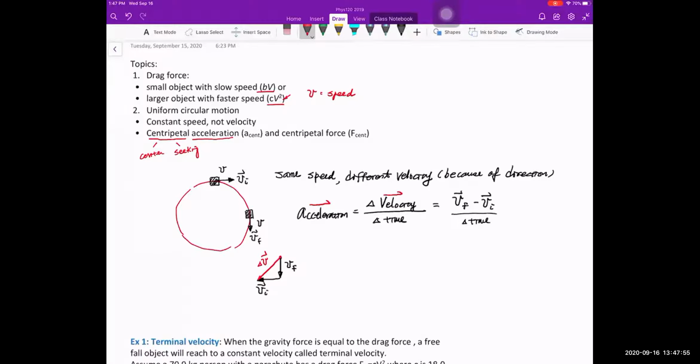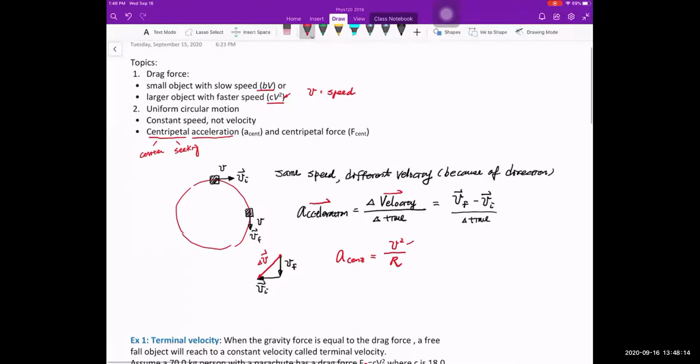The magnitude of the acceleration is equal to v squared over r, where v is the speed in meters per second, divided by r, where r is the radius of the circle.